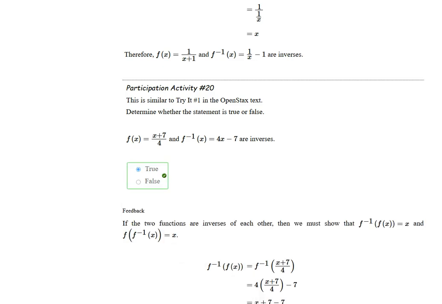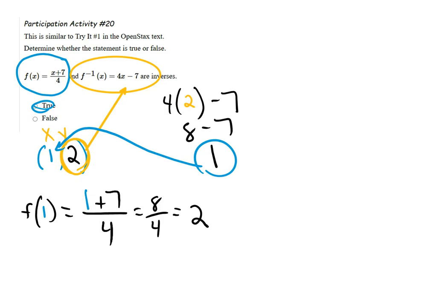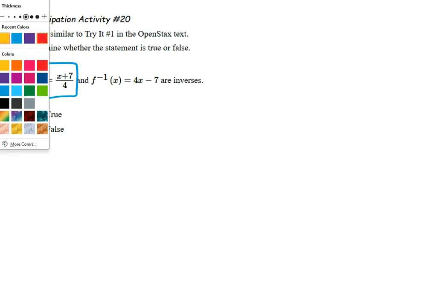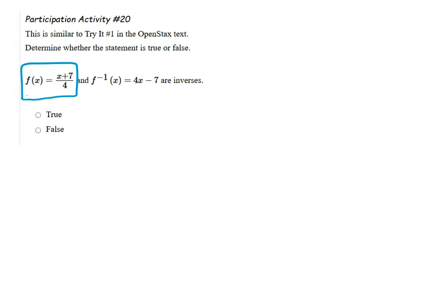However, the way Mobius explains it is, let me pause this and erase all this. All right, I'm back. Okay. So if this is my one function, let me go with pink instead. And this is my other function.